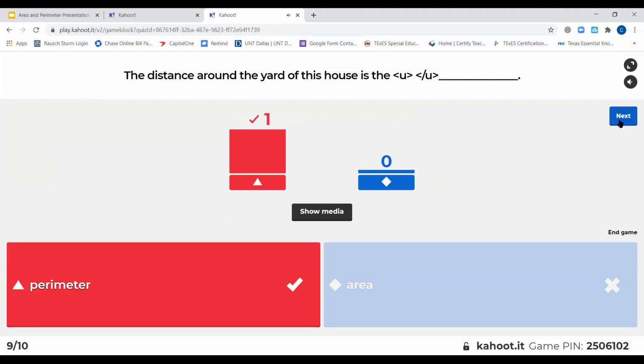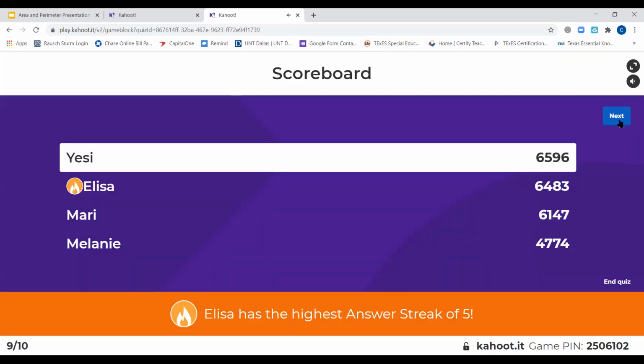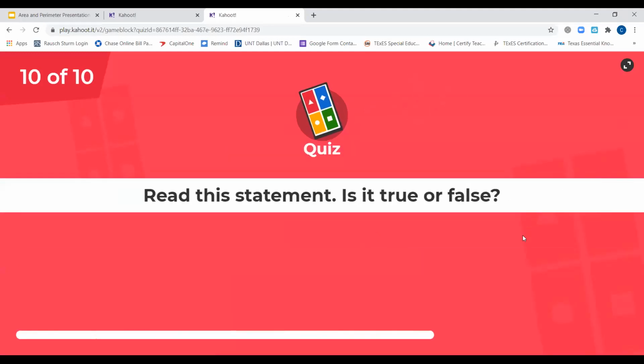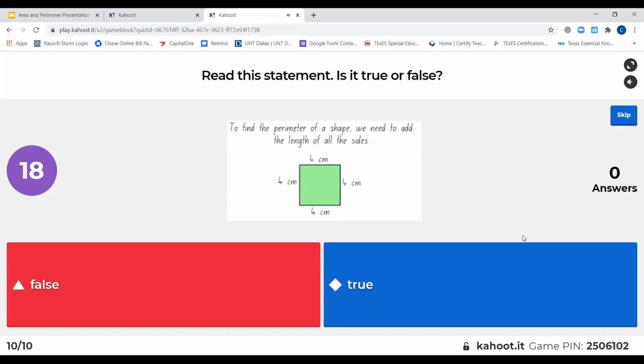Let's skip that one. So to find the perimeter of a shape, we need to add the length of all the sides. Is that true or false?